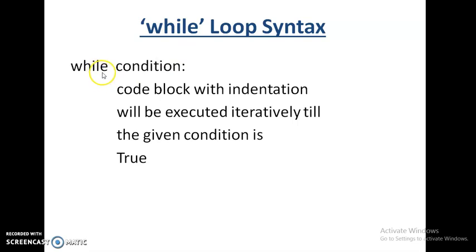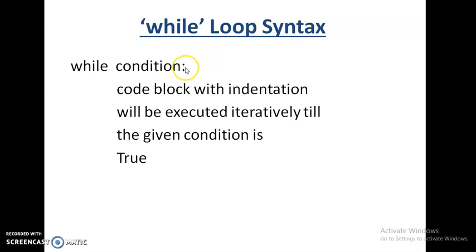The syntax of the while loop is given below. While, again this is a keyword, we have to type while, and in front of while we have to mention the condition. Like in if-else syntax, this condition is formed using a comparison operator or relational operator, and the result of this condition is always a boolean value, that is either true or false.